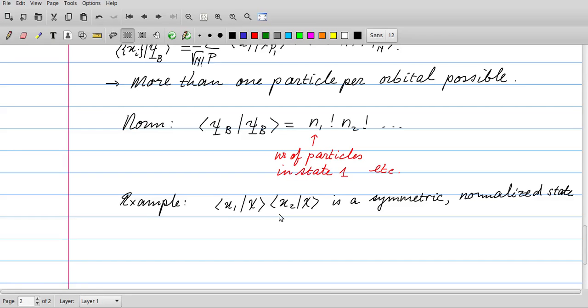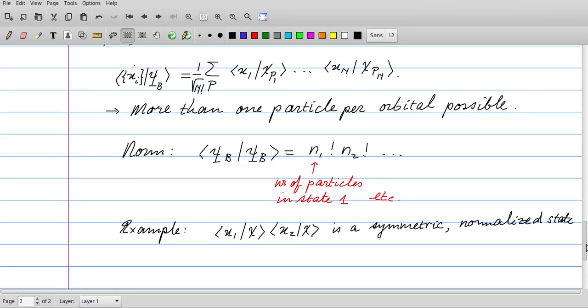But now let us try to follow the prescription here of the boson state for this case. Then we obtain the following. We have an x1 in chi. Obviously there should be a 1 over square root of 2 factorial in front. And we have x2 also in state chi.